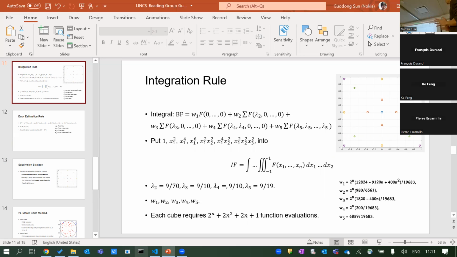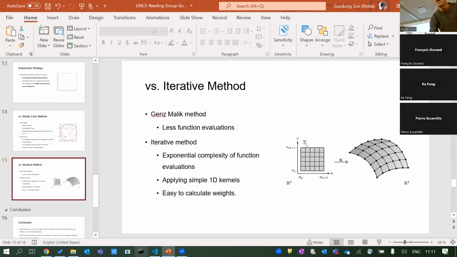So in practice, within each small cube you have exponential complexity, but this is finite. But in the iterative method, along each dimension you have to do almost infinite sampling. Then it's not the same exponential. I agree. Yes, this is not the same level of exponential.